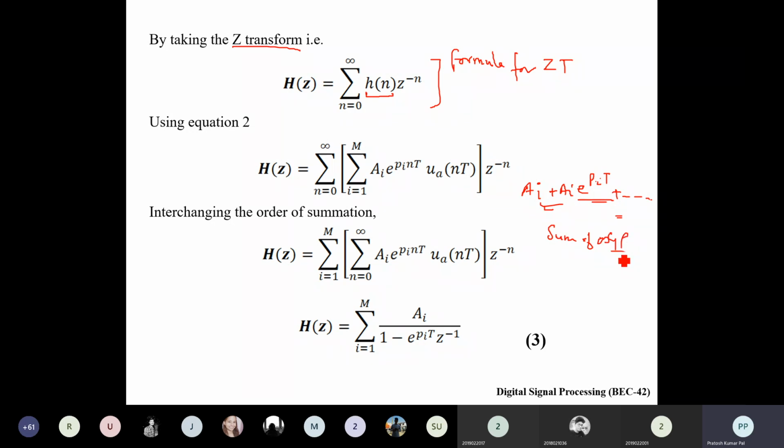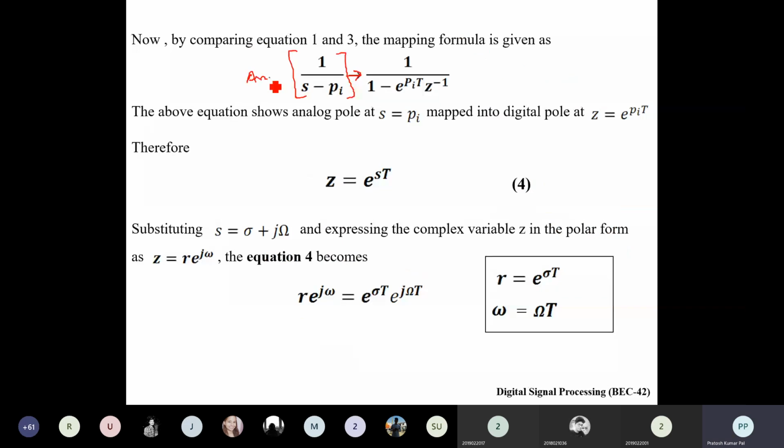This is how we compare it. This is the form of your analog system, the pole representation of the transfer function in analog form, and this will be converted to digital by replacing it by this term, so it will represent a digital system.